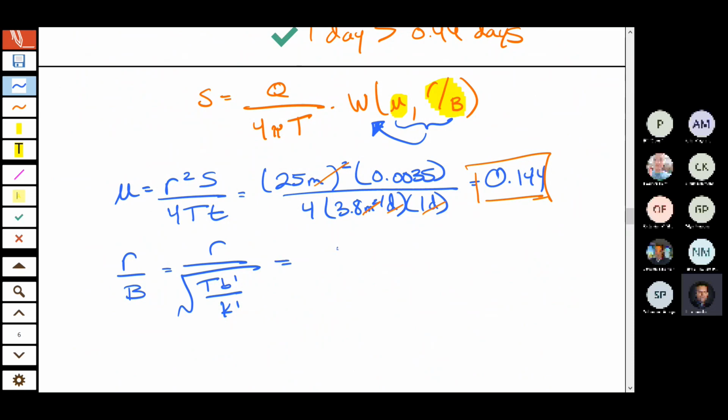I'm not going to put in units here because I don't want to run out of room. We have 25 meters divided by the square root of the transmissivity, which we already said was 3.8, times B prime of that thin bed, 1.1 meters, divided by K prime, which had that very low hydraulic conductivity of the aquitard, 5.5 times 10 to the negative 5. Let's work out what that is.